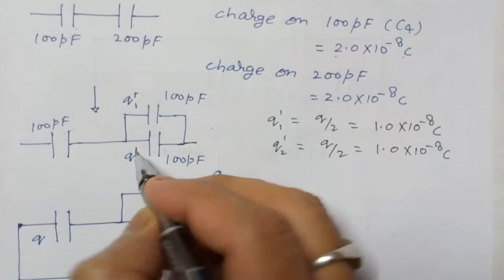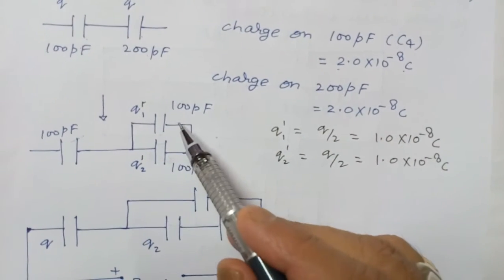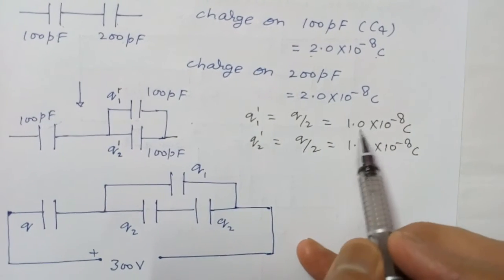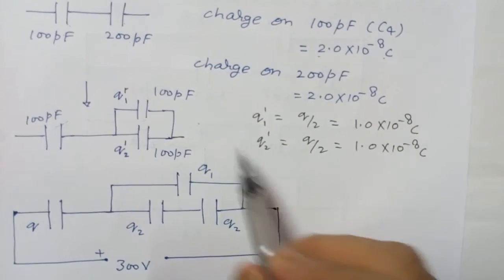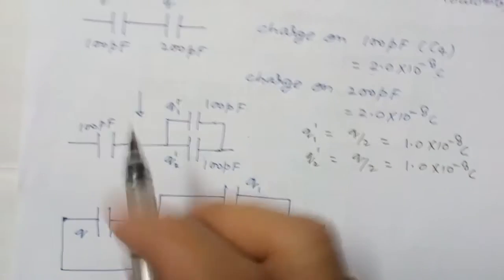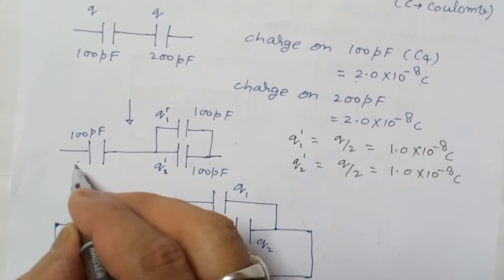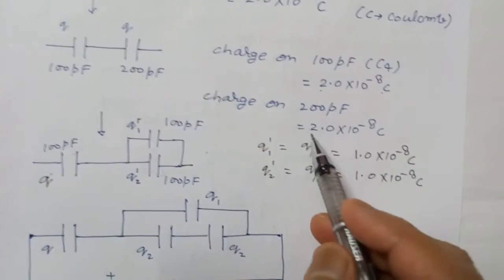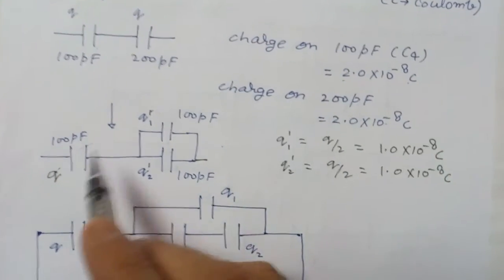So the charges on these 100 picofarad are 1.0 into 10⁻⁸ C and 1.0 into 10⁻⁸ C, and the charge on this 100 picofarad is Q, which is equal to 2 into 10⁻⁸ C.